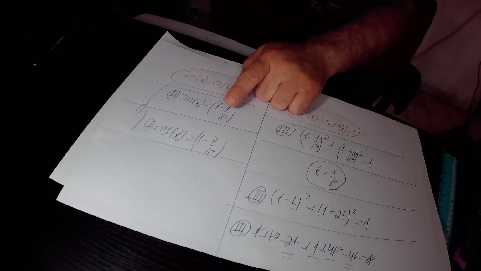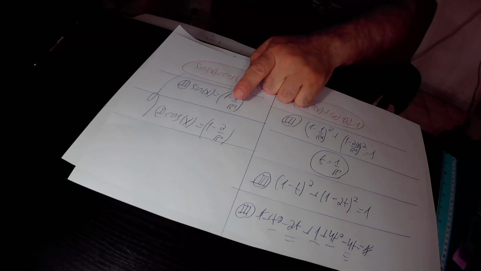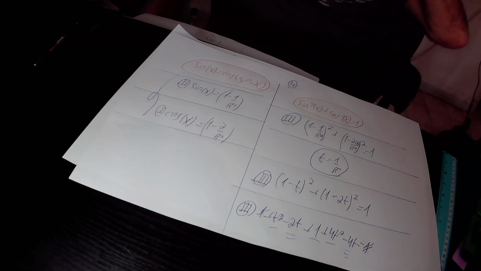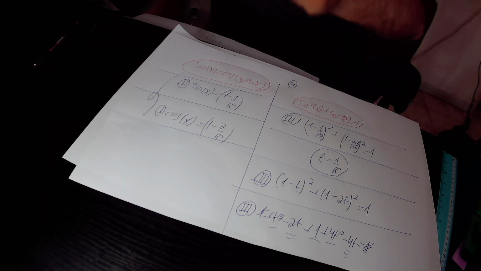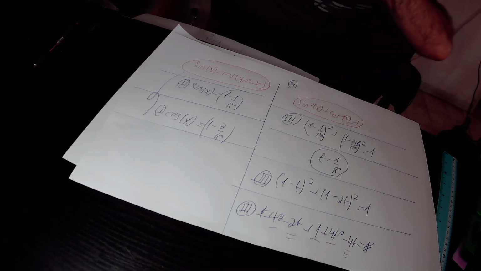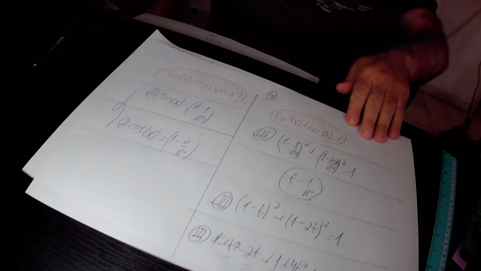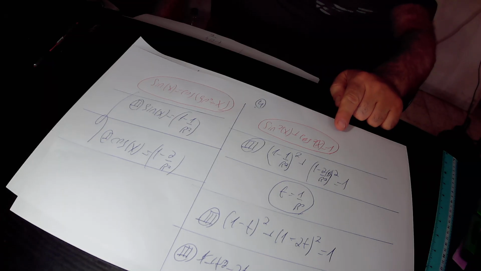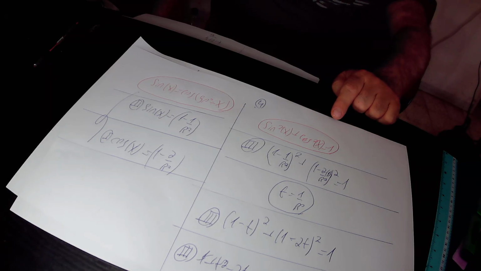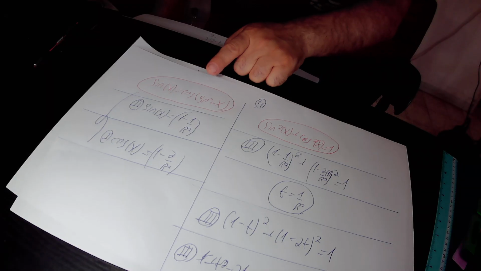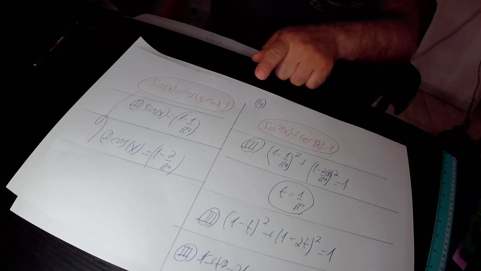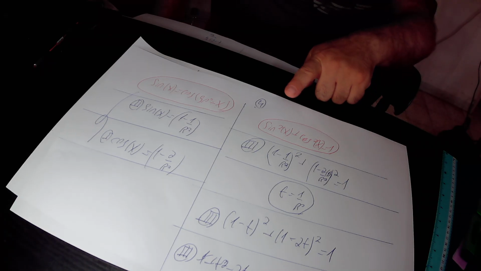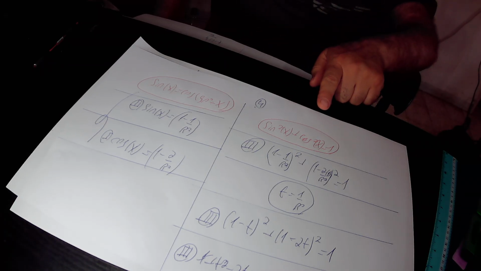But according to equation 1, we have already found out that cosine x equals 1 minus 2 over r squared. So we have the values of sine x and cosine x in terms of r. Now we also have the trigonometric identity that states that sine squared x plus cosine squared x equals 1. We know that sine x equals 1 minus 1 over r squared, and therefore sine squared x will be equal to (1 minus 1 over r squared) squared. And we have also plus cosine squared x.